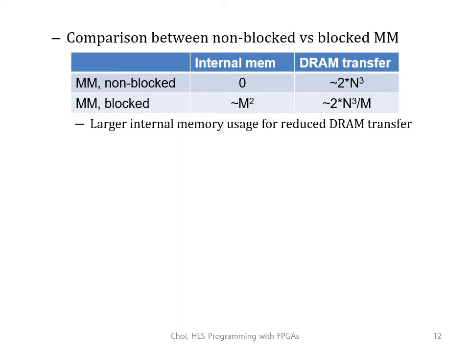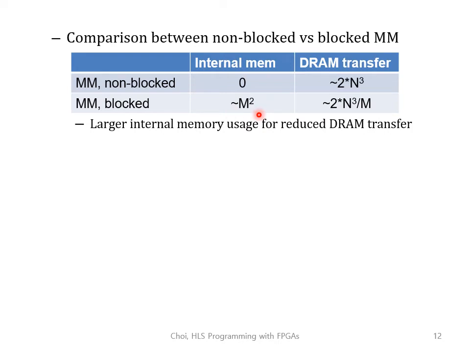So let's make a comparison here and summarize. Compared to the non-blocked version of matrix multiplication, we can save on the DRAM transfer with the blocked matrix multiplication by a factor of m. But to achieve this, we have to consume the internal memory to store the data. The exact number depends on the loop ordering inside the block, but it's approximately m squared.